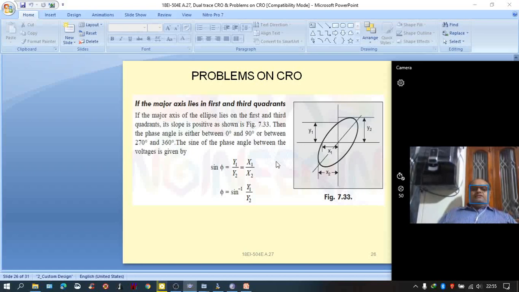Now here, suppose an ellipse appears like this, with its major axis in the first and third quadrants.